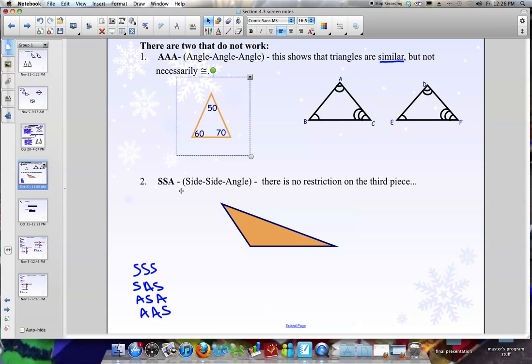The other one that does not work is side side angle, and that's because what is congruent is two sides and an angle that's not included between them. It's a non-included angle, so it would either be this one or this one.